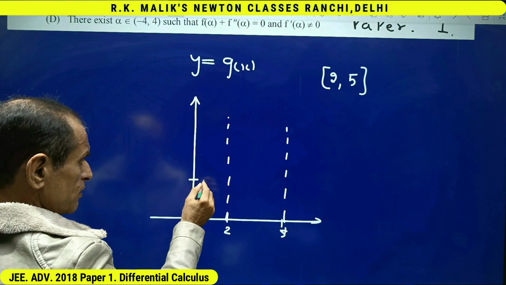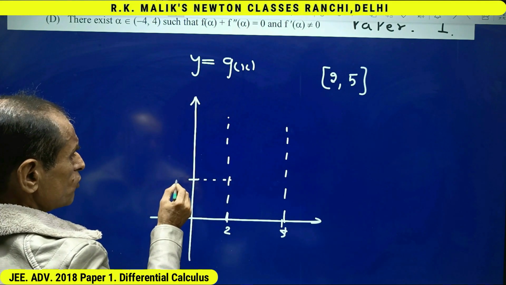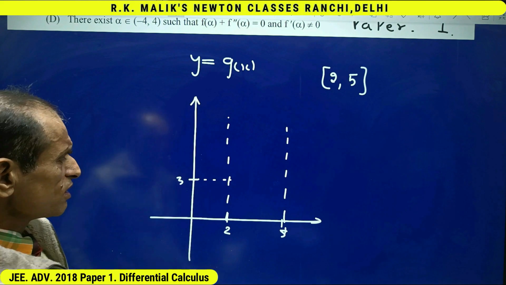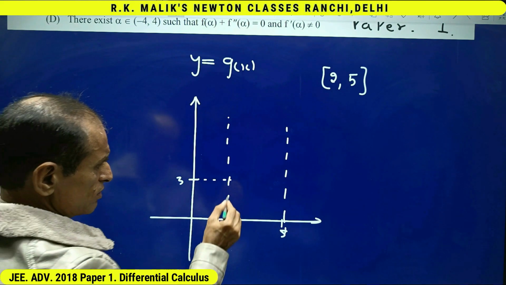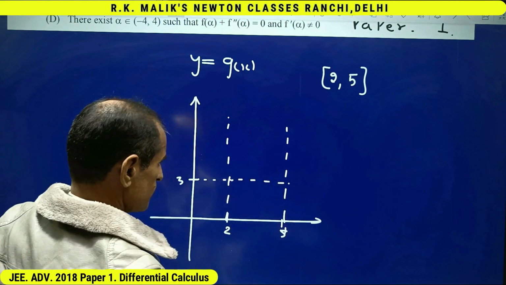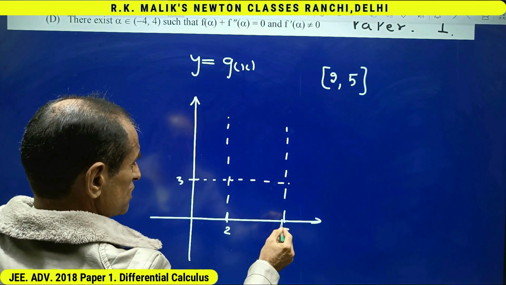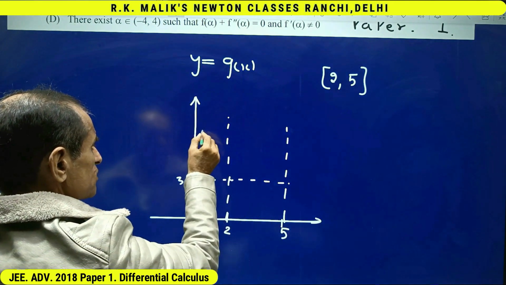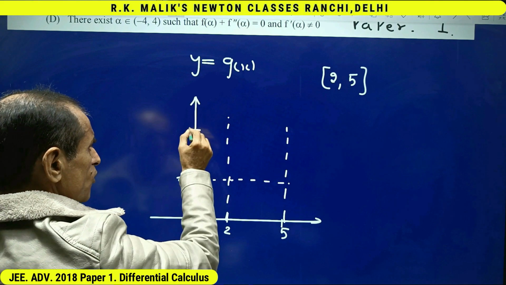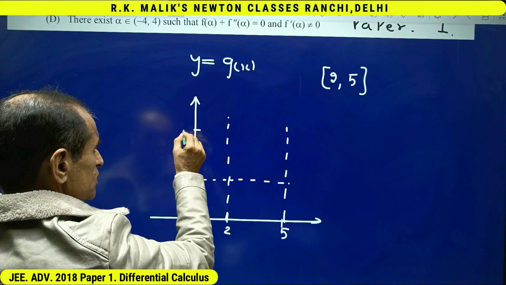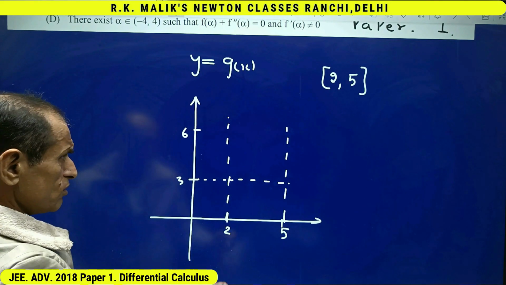say this point has y coordinate, say 3. I have just taken it arbitrarily, and because the length of this interval is 3, I take the length of this interval also as 3, equal to 6 now.